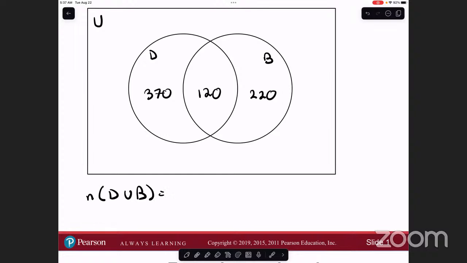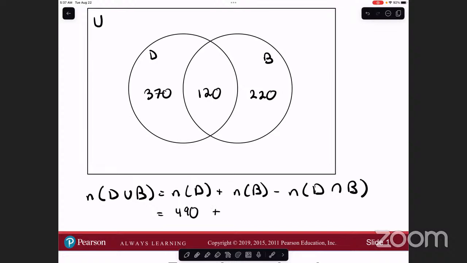Okay. So that's going to be the number of elements in D plus the number of elements in B minus the number of elements in D intersection B, okay? So the number of elements in D, I think we said that was 490, plus the number of elements in B is 340, minus the intersection is 120.